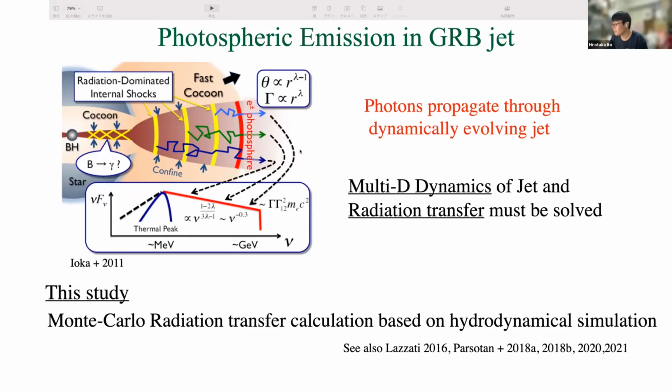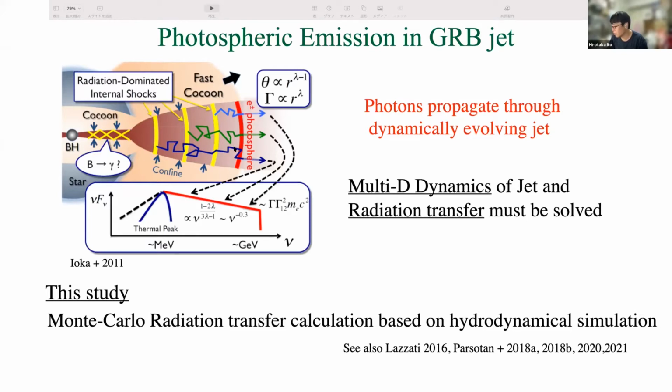So in this scenario, if we consider a jet that is propagating through a massive envelope, it is quite likely that photons will propagate through a dynamically evolving jet, which possesses a structure far from the simple top hat-like shape, and such structure should be imprinted on the resulting emissions.